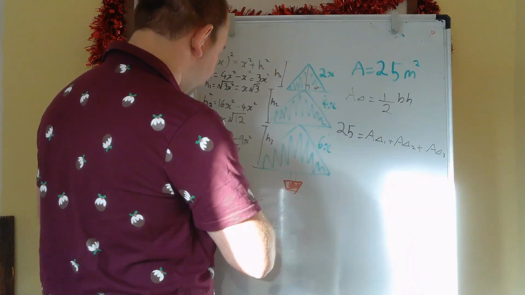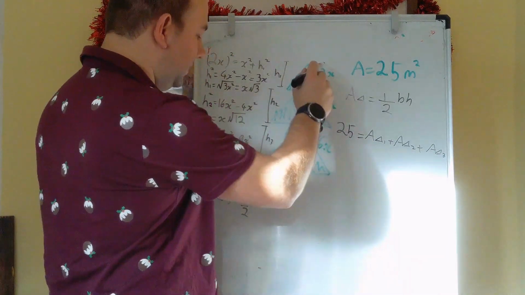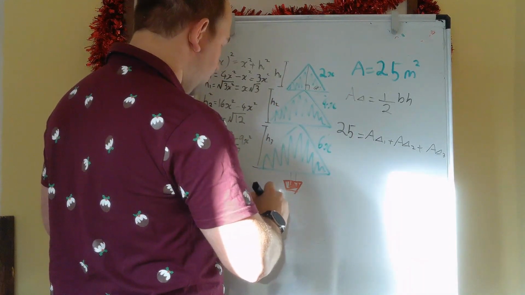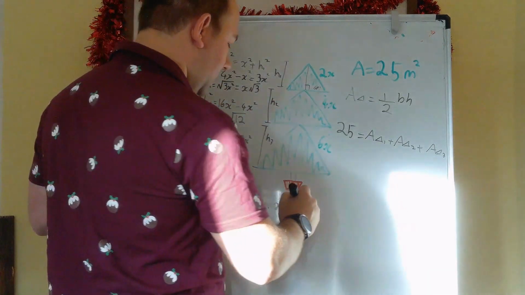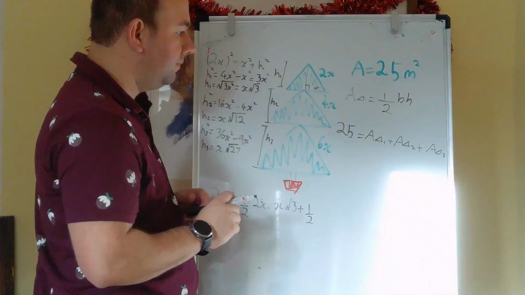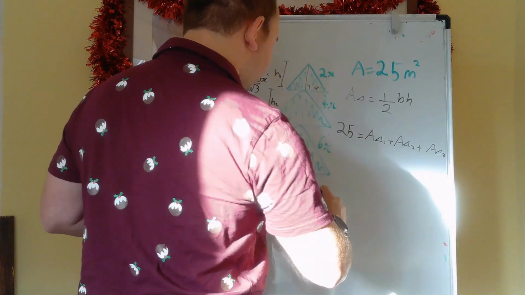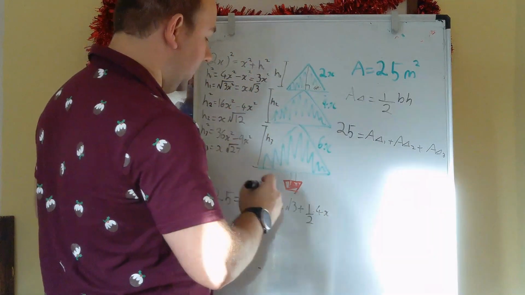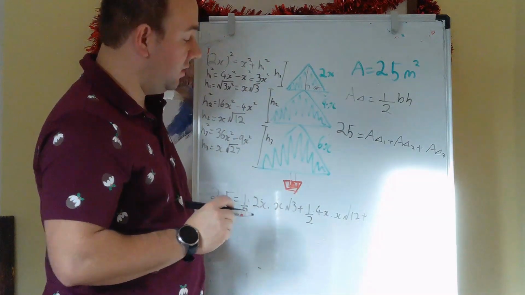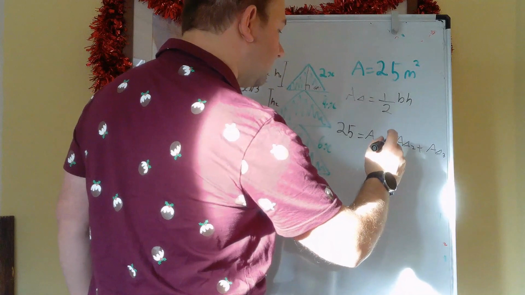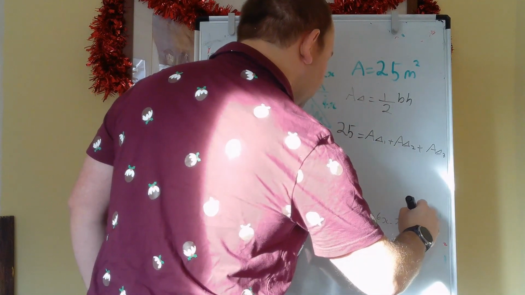So we're going to have 25 is equal to the area of triangle 1, which is half the base, which is 2x, multiplied by the height, which is x root 3, plus half, so this is now calculating the area of the second triangle, so half the base, so half of 4x, multiplied by x root 12, plus the area of triangle 3, which is half of 6x multiplied by x root 27.